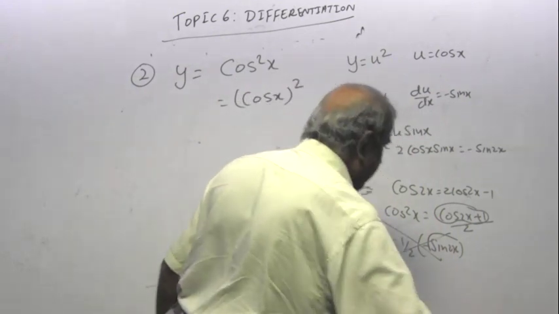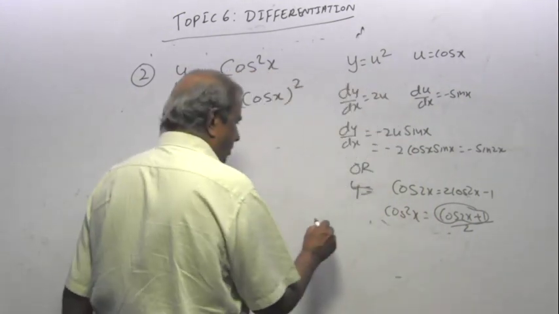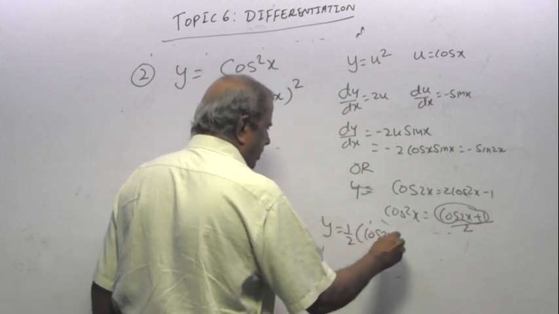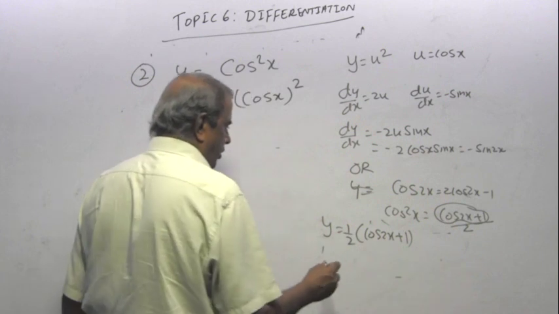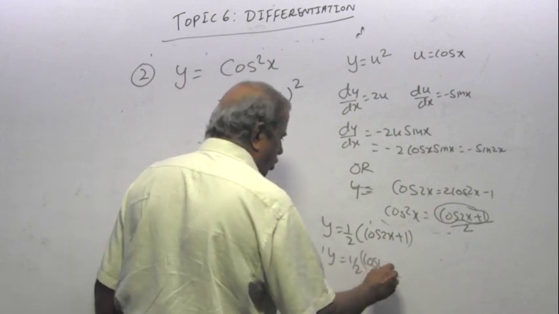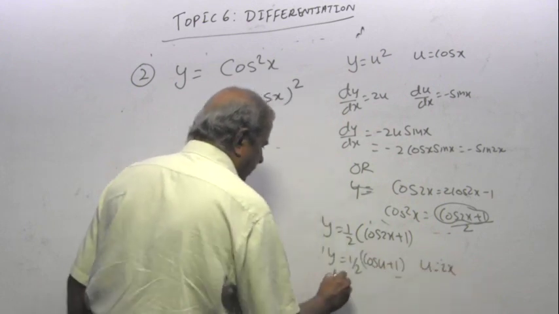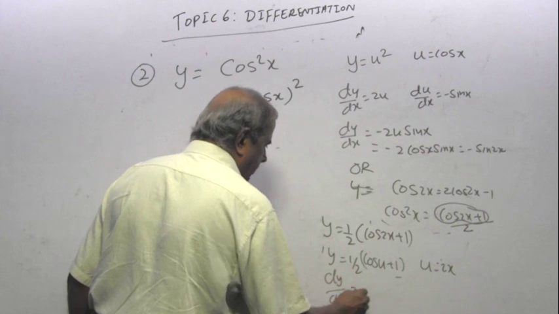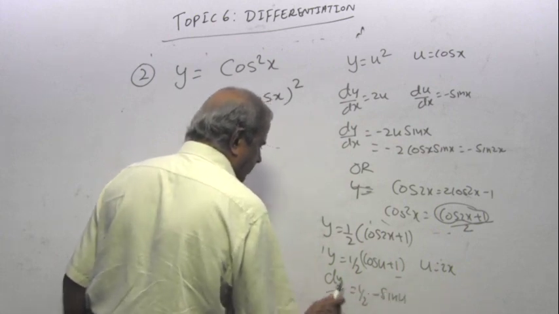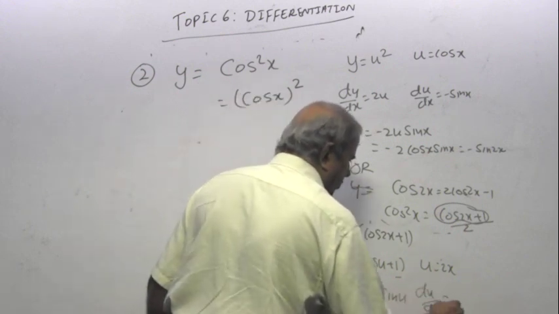Then how do we do it? Very good. So y equal to half of cos 2x plus 1. So we'll say y is equal to half cos u plus 1 and u equal to 2x. So dy by du equal to half times minus sine u, du by dx equal to 2.